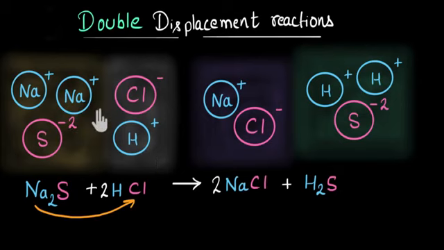But see, sodium and hydrogen both are positively charged, and we know that like charges do not attract, but repel each other. And if they are repelling, there is no way that they can form a molecule, right? So that's why sodium cannot exchange position with chlorine. In fact, no positive ion can exchange position with a negative ion. A positive ion can only exchange position with another positive ion.